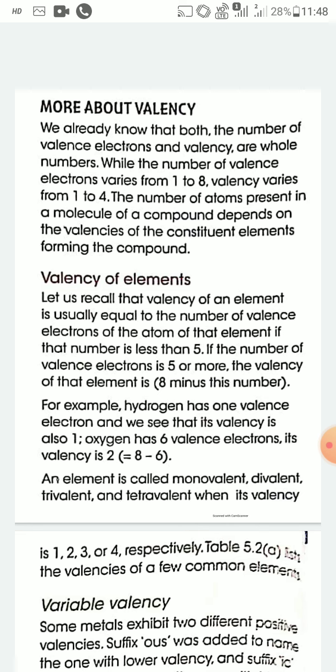Generally, the number of valence electrons varies from 1 to 8, while the valency varies from 1 to 4.